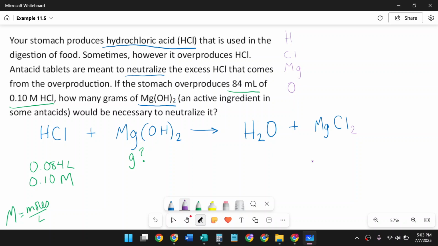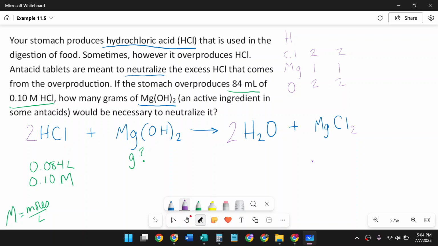All right, so H's we're not dealing with. Cl, I have 2 on the right and 1 on the left, so let's go ahead and put a 2 over here. So now I have 2 on both sides. Mg has 1 on each side right now. O has 2 on the left and 1 on the right. So let's go ahead and put a 2 here, and now I have 2 on the right.